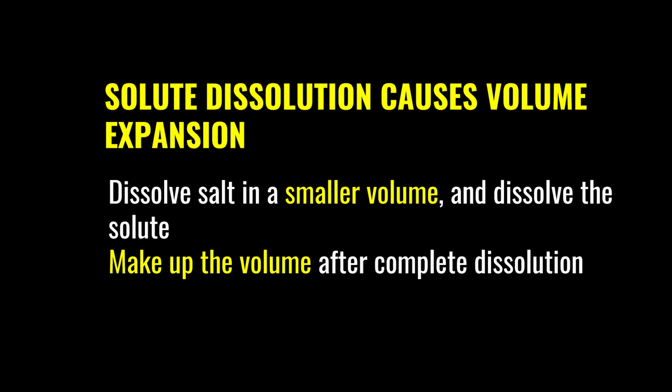When you dissolve a solute in any solvent, there is always volume expansion, and that is due to intermolecular interaction between the solvent and solute. Therefore, to take that expansion into account, you should dissolve the solute in a smaller volume, and after dissolving, you make up to the required volume with distilled water.